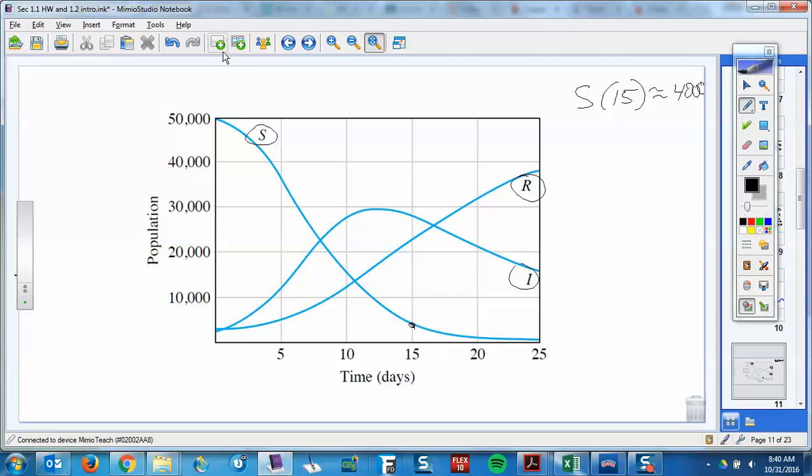Or if I said, what's the solution to that equation? Oops, wrong graph.